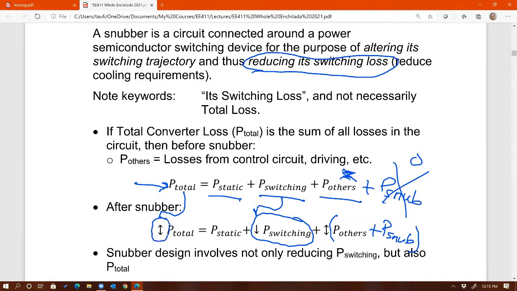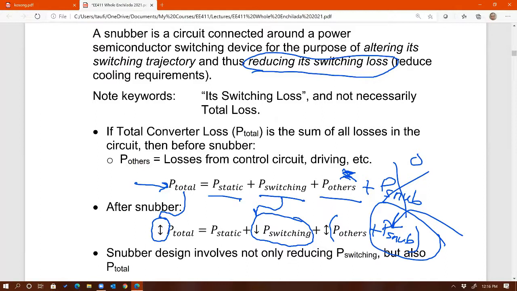It could be bigger than before, or less than before, depending on how you select components in the snubber. Therefore it is very important to size it properly, and this is what we're going to be learning in this chapter.